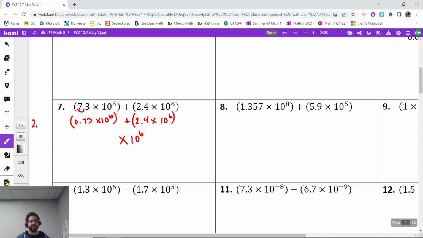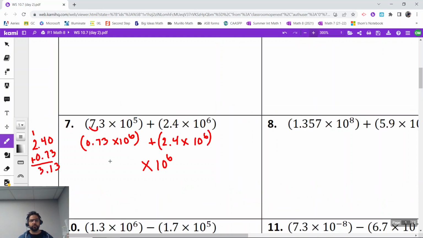So again, my teacher taught me, put the greater number on the top, other number below, and just add them together. So it's going to be a 3, an 11, 3.13 using method number 1. Well, 3.13 is an acceptable answer, so that means we are good there.